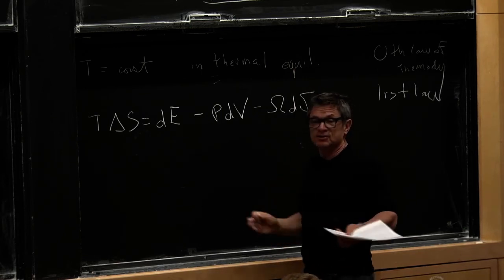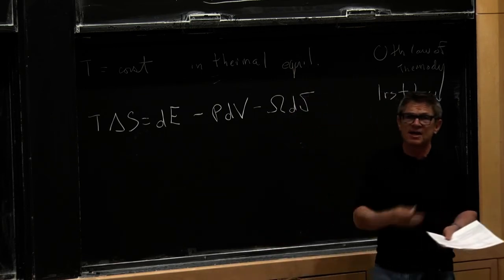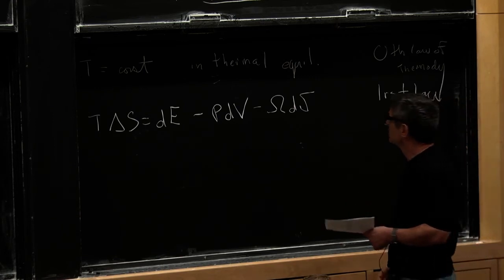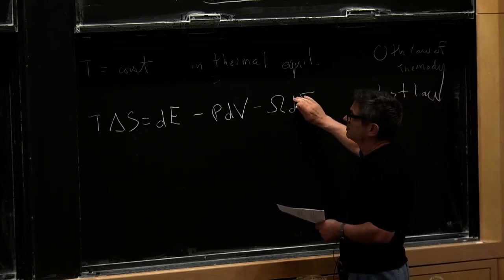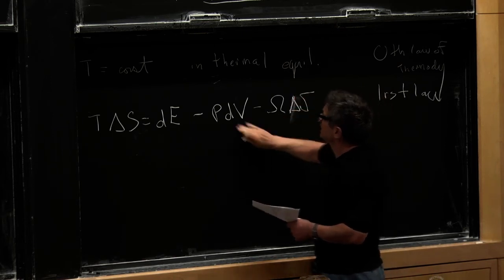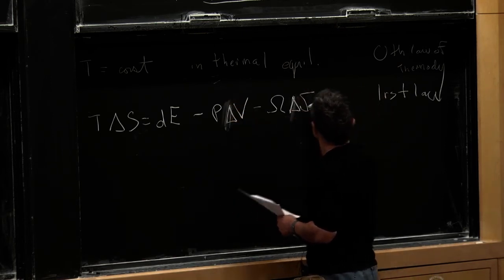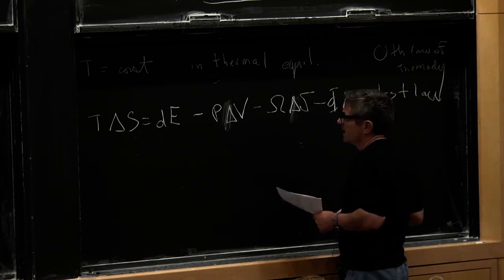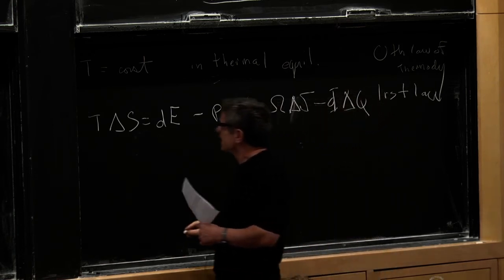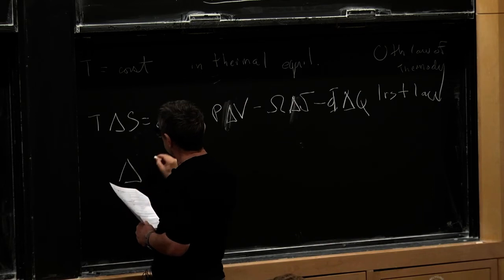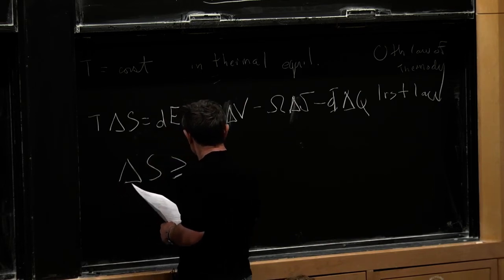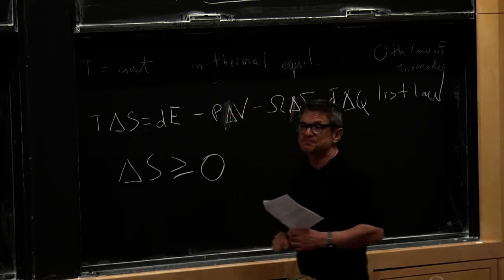And if you have an ensemble where you can change the charge and you have an electrostatic potential, you would also get minus phi delta Q. And then finally, we have the second law, the famous second law of thermodynamics, that the change in the entropy in any process is always non-negative.